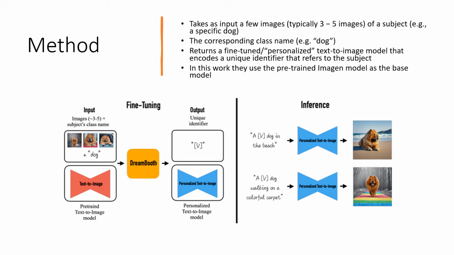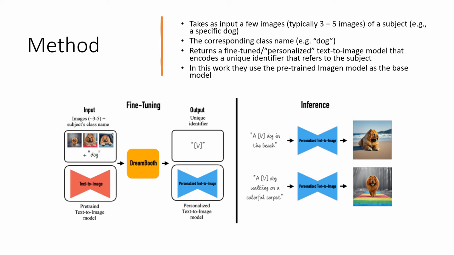In short, how is this model implemented? Given images of a subject, they fine-tune a text-to-image diffusion model in two steps. Firstly, fine-tuning the low-resolution text-to-image model with the input images paired with a text prompt containing a unique identifier and the name of the class of the subject, such as "a [unique identifier] dog".